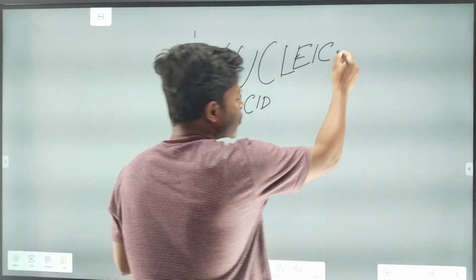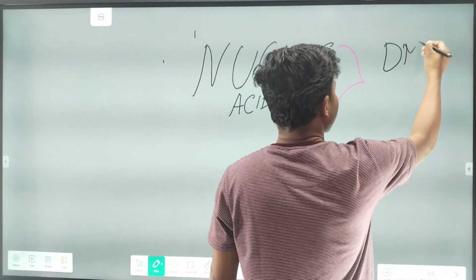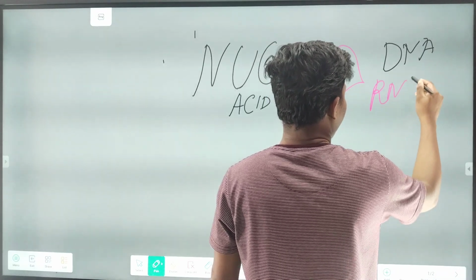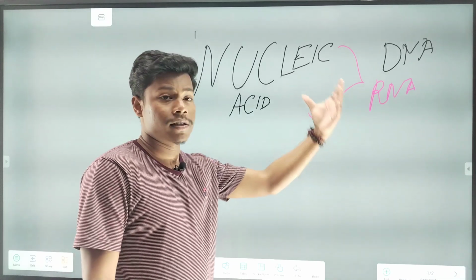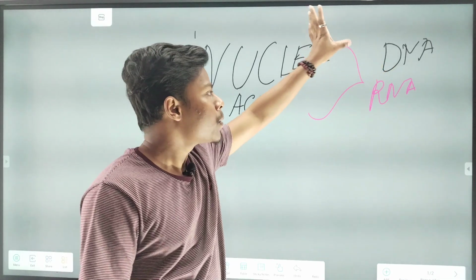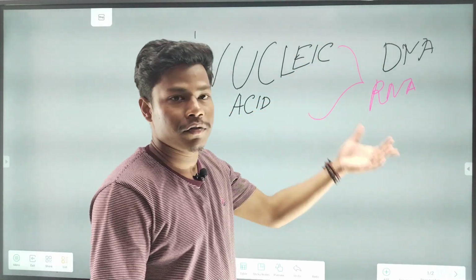Now, what are the nucleic acids? There are two types of nucleic acids in general. One is your DNA and one is your RNA. These two come under the group of nucleic acids, and they are required for life to happen. Basically, DNA and RNA are the processor or software of your body.